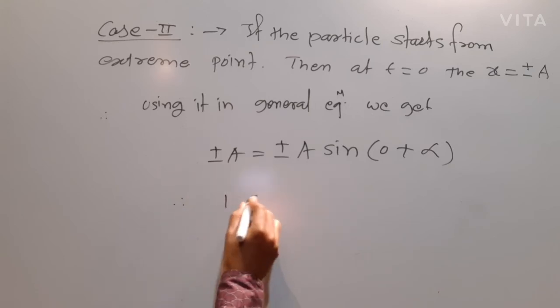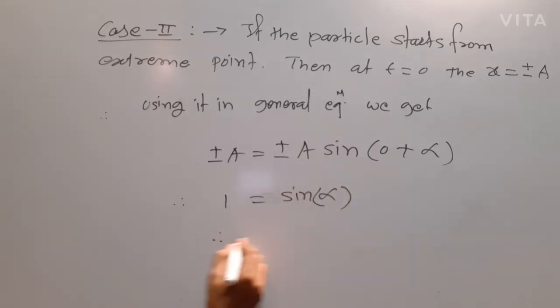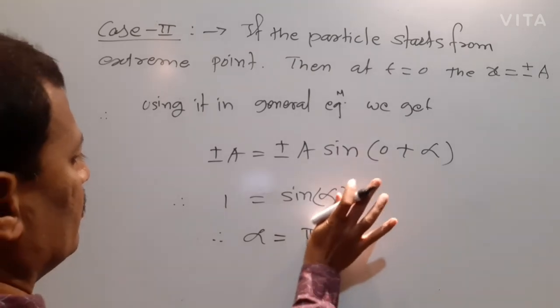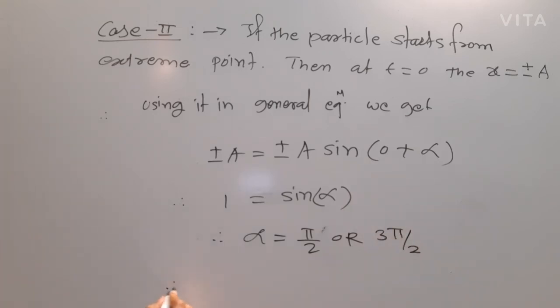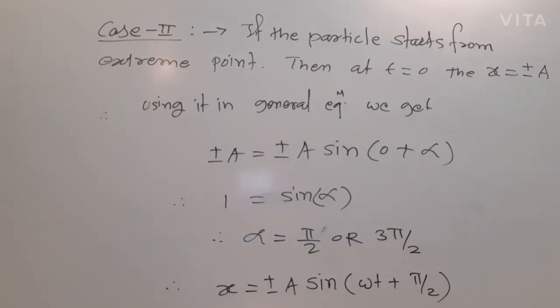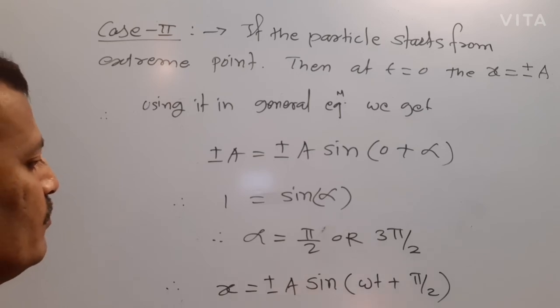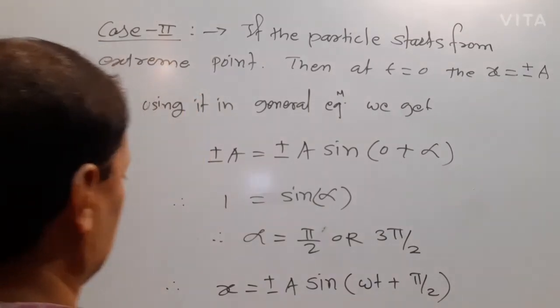And therefore 1 is equal to sine of alpha, and therefore alpha is equal to pi by 2 or 3 pi by 2, and therefore x is equal to plus minus A into sine of omega t plus pi by 2, and here it becomes A into cos of omega t, because sine of theta plus pi by 2 is equal to cos theta. Denote it as the next equation number.